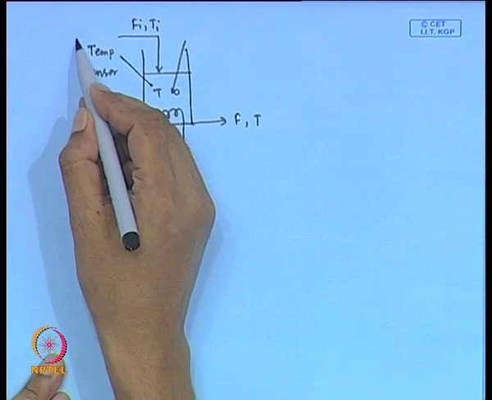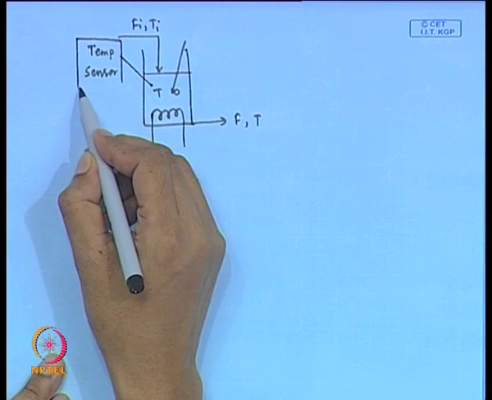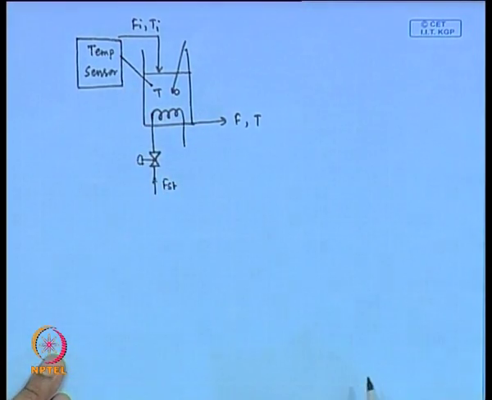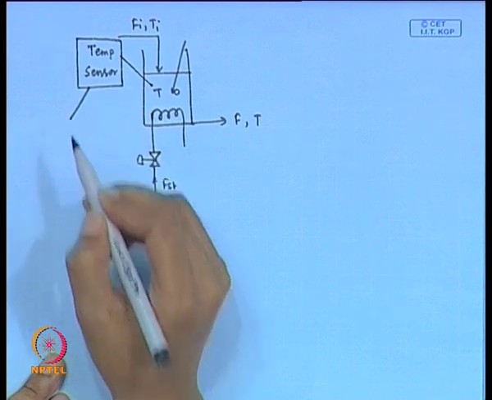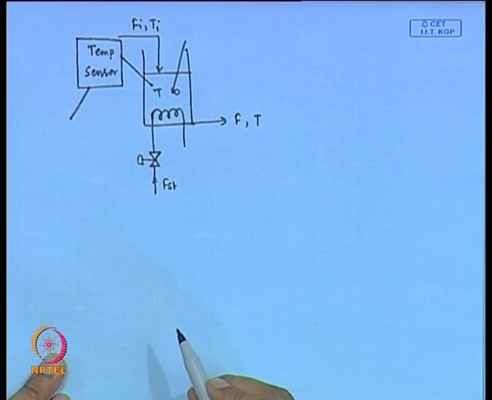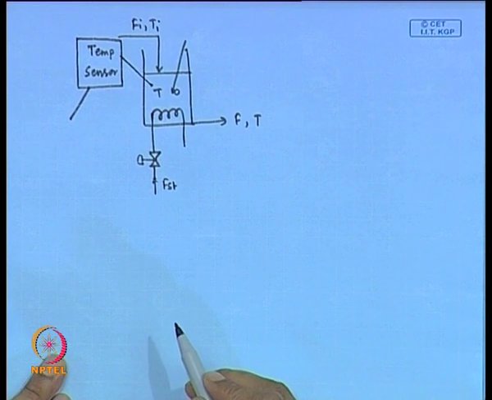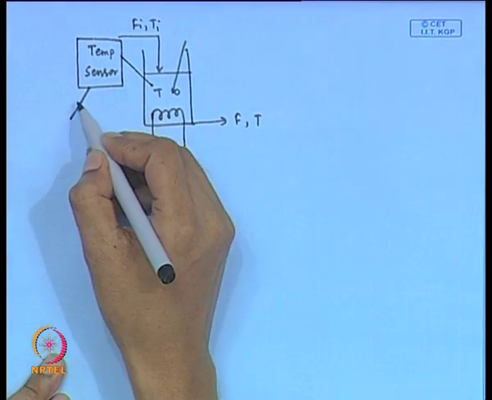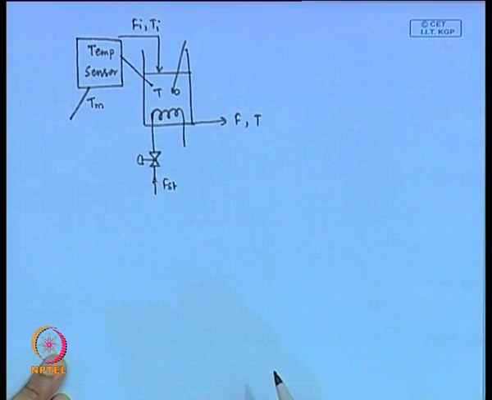So, this is the block for temperature sensor which is employed to measure the liquid temperature. Now, this measured temperature usually differs from the original temperature value. This measured temperature we can represent by T suffix m.